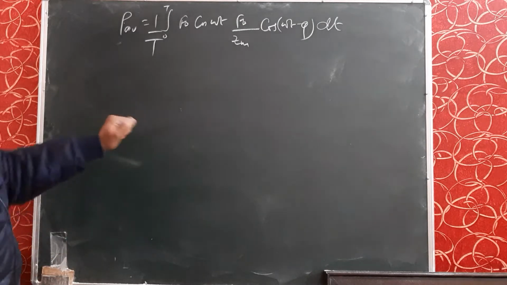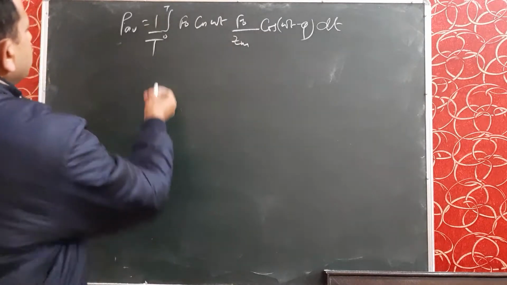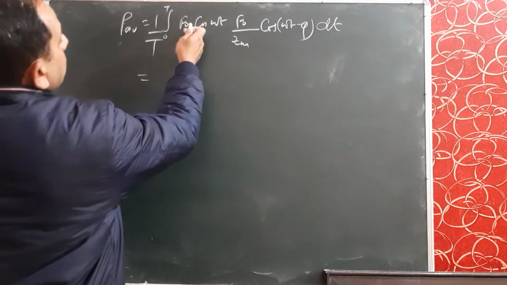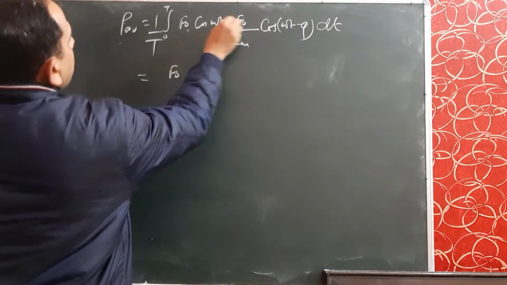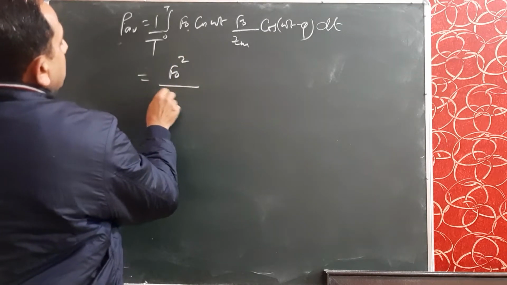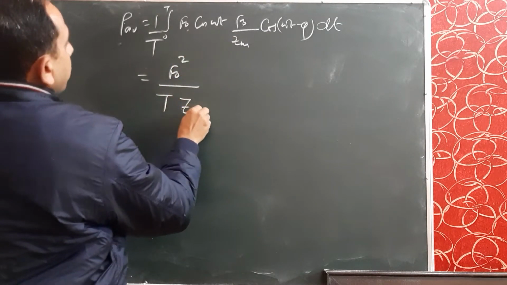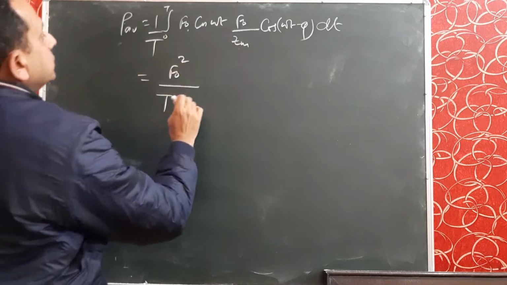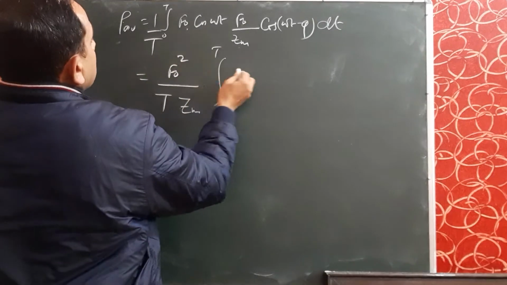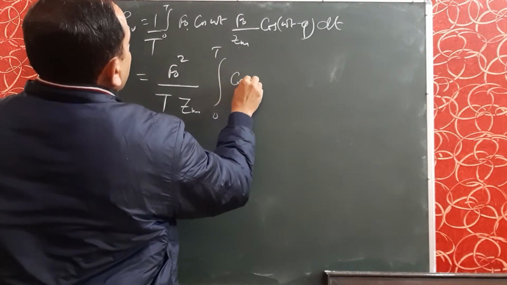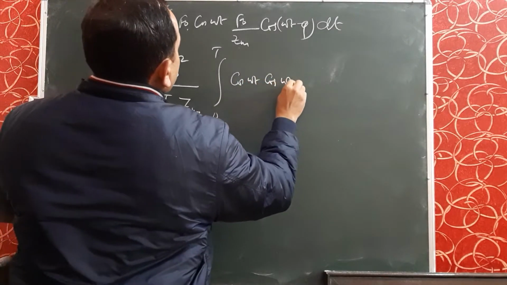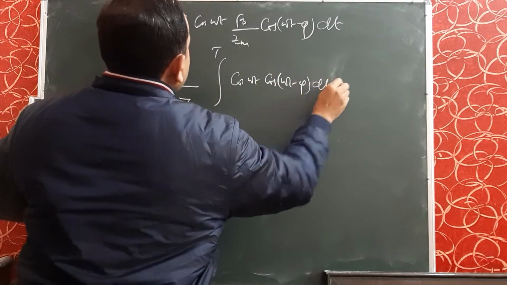Now, we will do the integral of these terms. F naught is common, so we take F naught square over T into Zm outside, and the integral from 0 to T of cos omega t into cos of omega t minus phi dt.